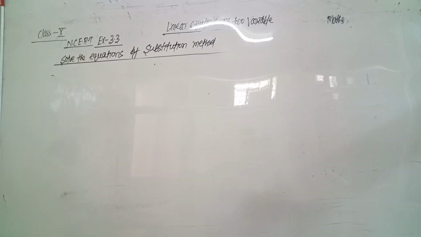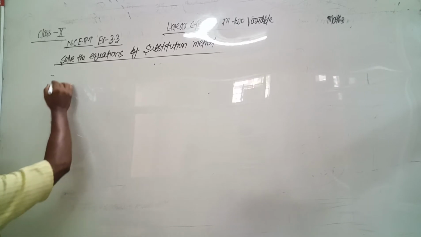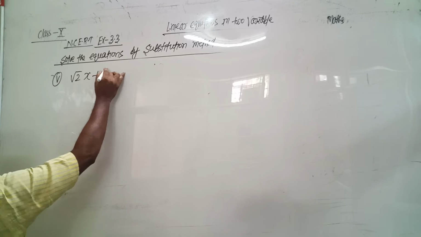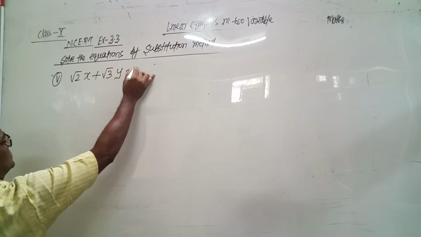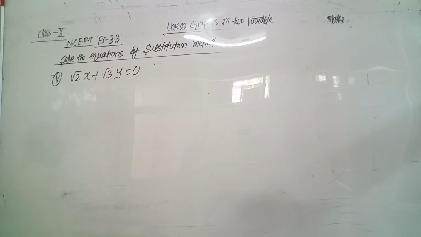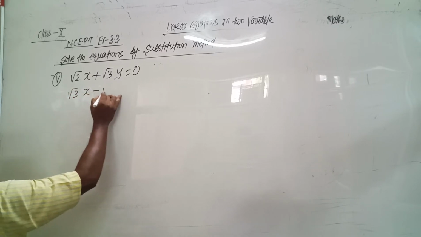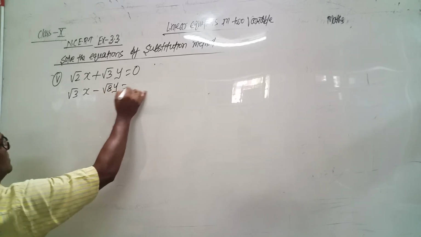Question number 3, root 2x plus root 3y equals 0. And the second equation, root 3x minus root 8y equals 0.